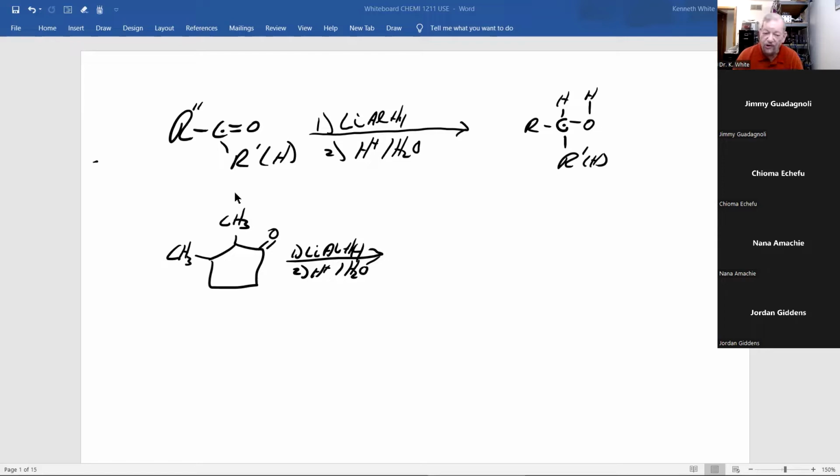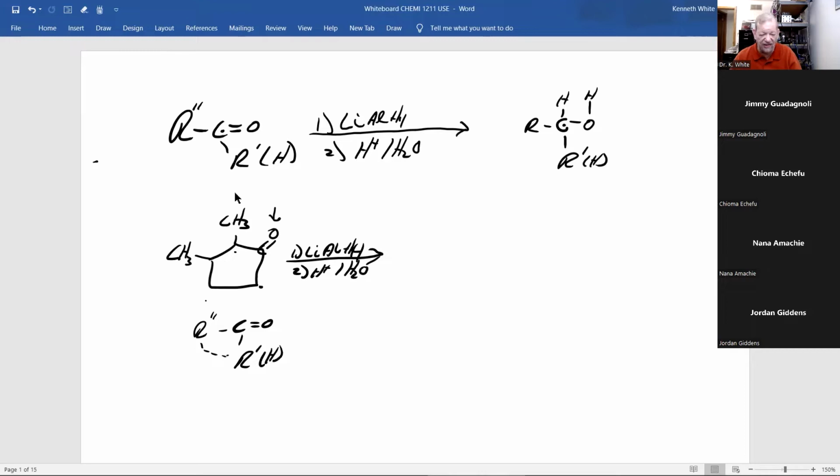When you look at an organic molecule, you look for what's different. These chapters are test number 2. Most of the time, look for what's not carbon, what's not hydrogen. We've got an oxygen double bonded to carbon, with carbon on each side. This is a ketone. It turns out to be a cyclic ketone, because R prime and R double prime are connected in the ring.